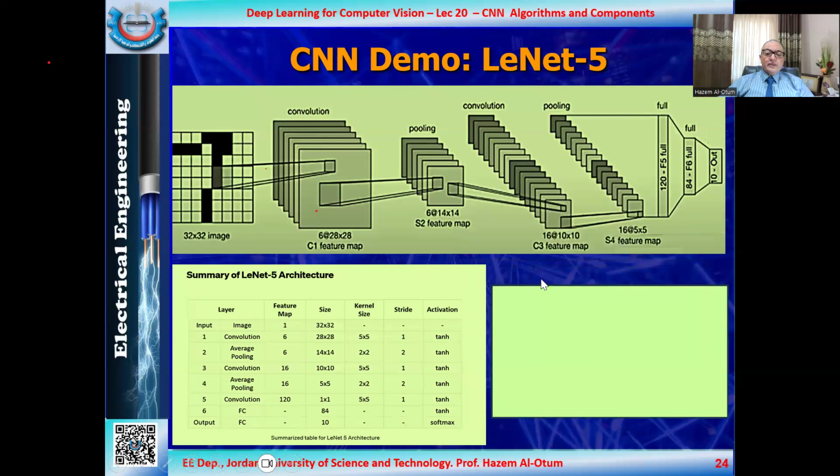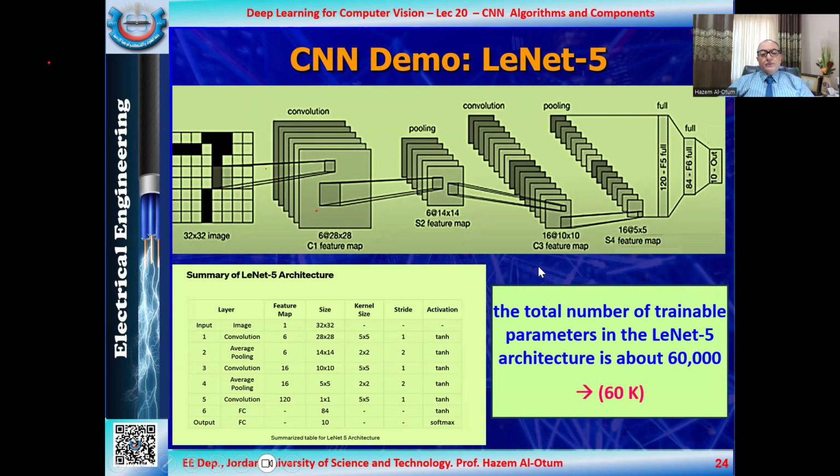The main idea here is if you look at the total number of trainable parameters in LeNet-5, you can measure about 60,000, or 60K. This can be obtained by having the image size 32 by 32 and getting to the feature maps that are used every time you take operations and try to learn parameters. The outputs are learned parameters if you are applying or modifying their values according to some operation, like convolution or max pooling.